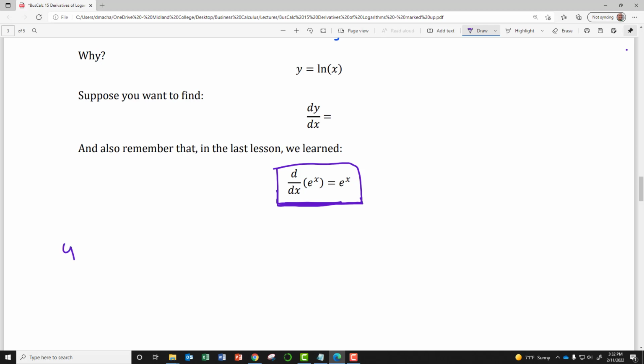So I'm going to write over here y is equal to natural log x. Then what I'm going to do is take e to the power y, so e to the power the left side of the equation, and then I'm also going to take e to the power the right side of the equation, just like this.